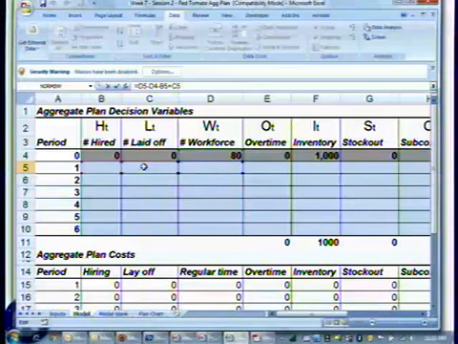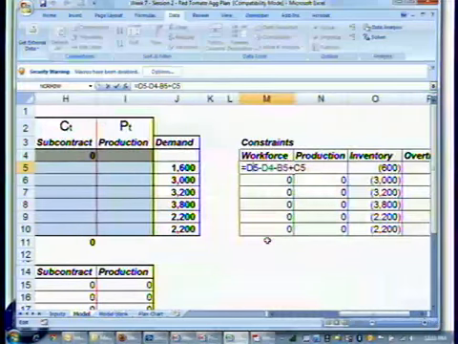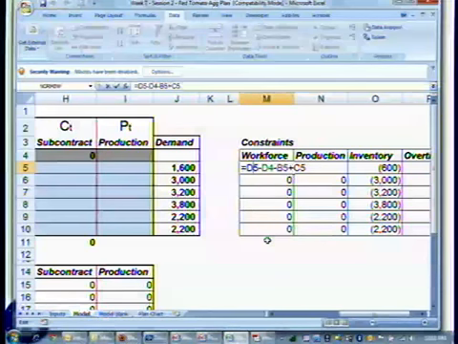We subtract B5, which is the number of hires. We add C5, which is the number laid off. So that is your calculation for that. The Chopra text information I provided has complete details for these calculations.